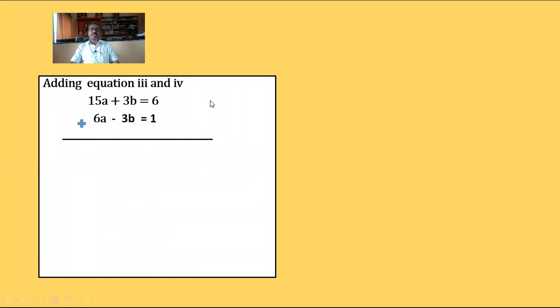Add these two equations. Plus 3b and minus 3b get cancelled. 15a plus 6a is 21a is equal to 6 plus 1 is 7. 21 multiplied by a is equal to 7.